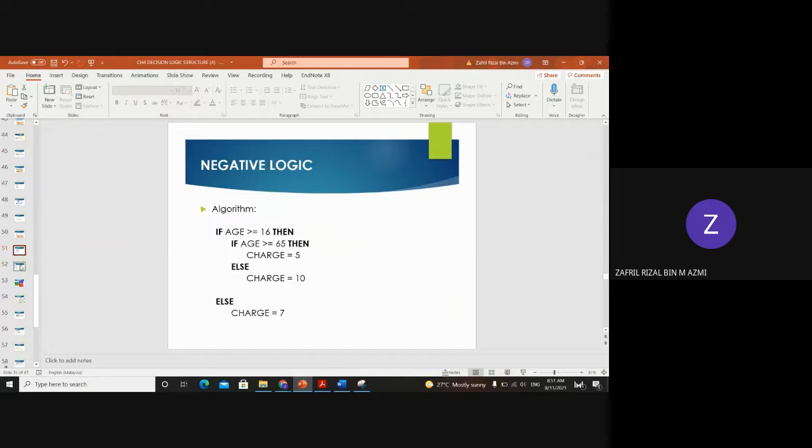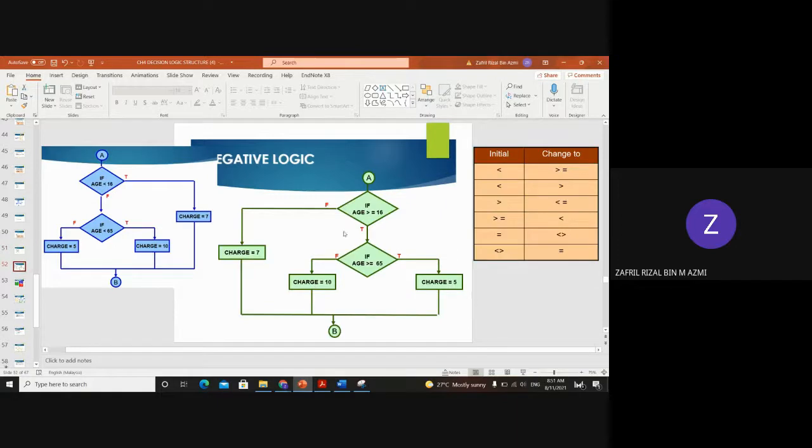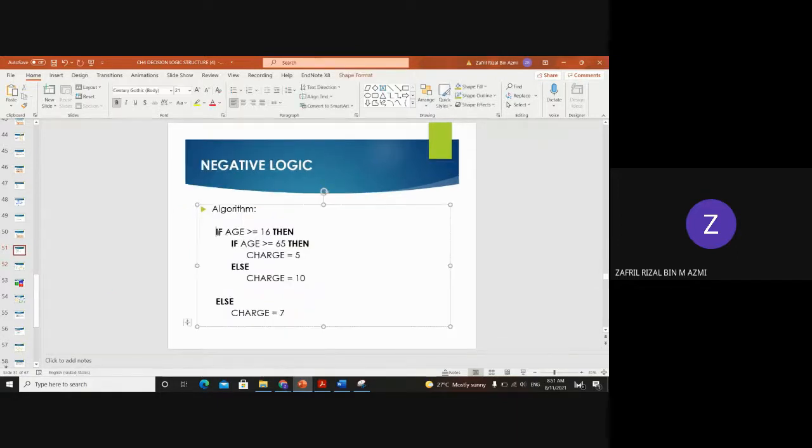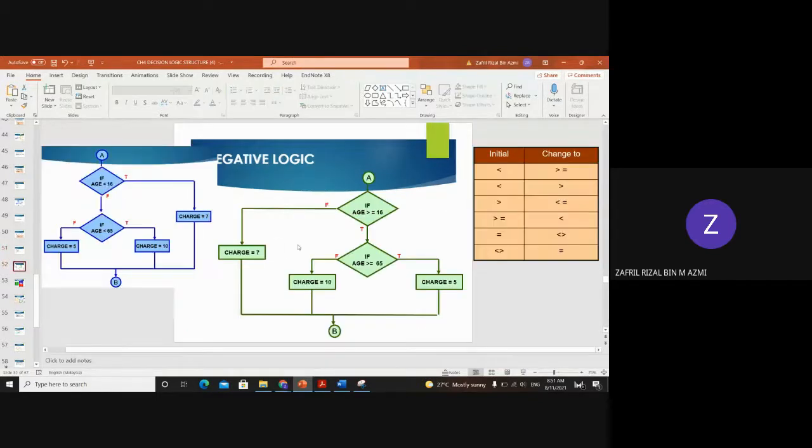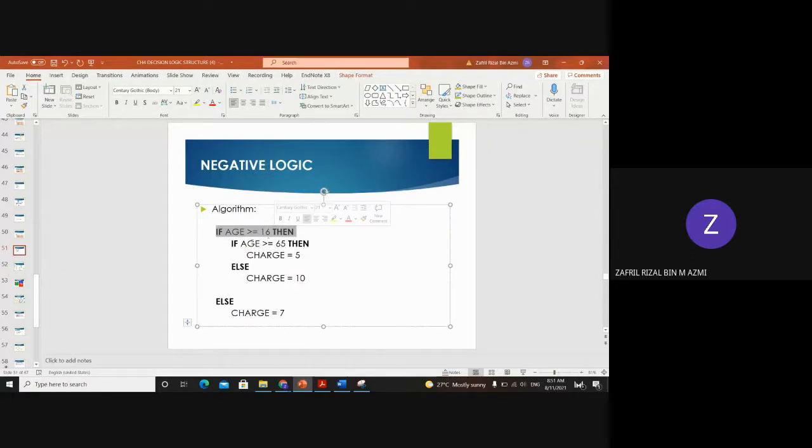And of course, when we look at the algorithm, it is going to be like this. You see, there's an if. If this is true, you will enter another if. So this is equal to this one. A decision will give you a statement only if it is true.